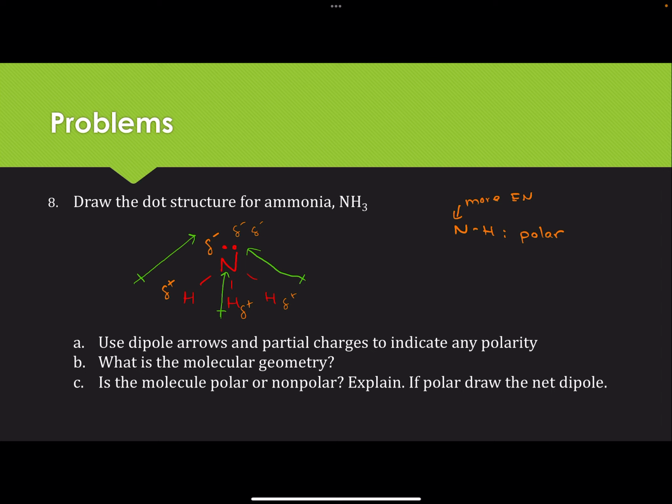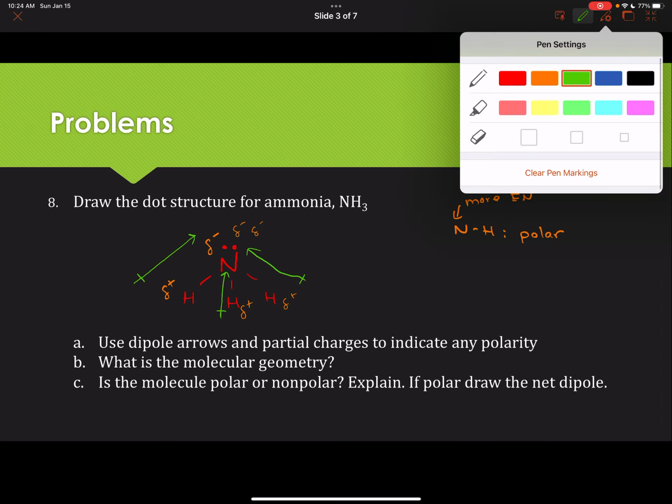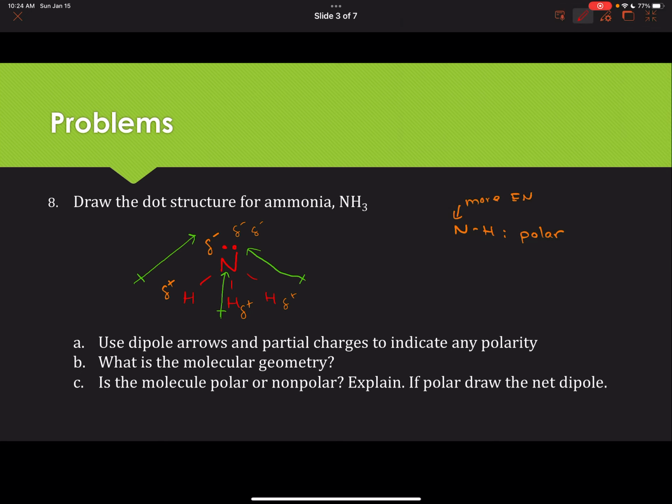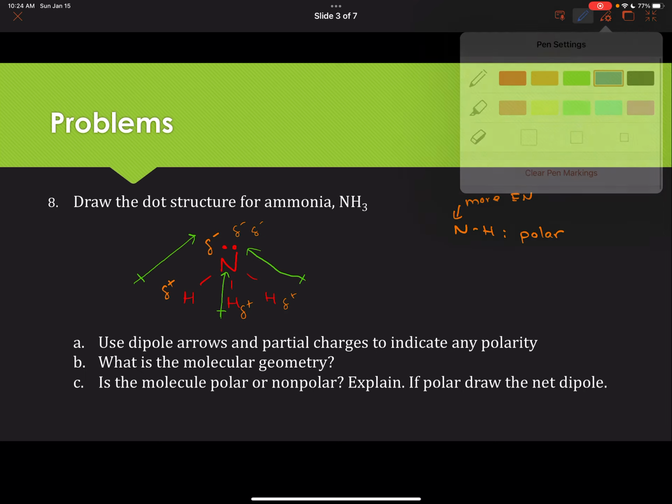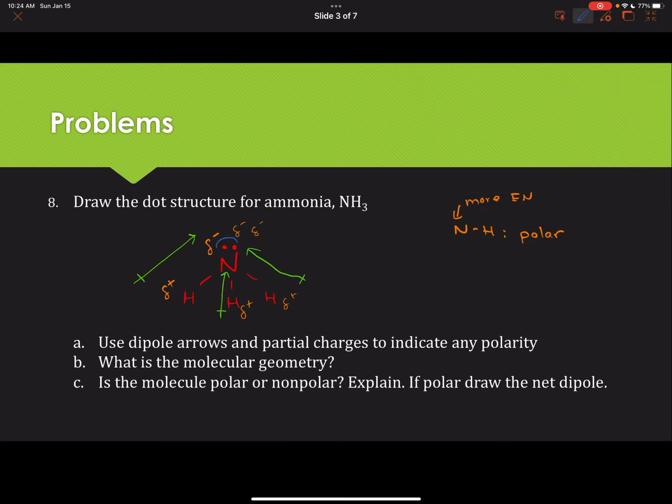Now next we're asked about the molecule geometry. So we got to go back to our valence shell electron pair repulsion theory back from first semester chemistry. If we look at this structure, we look at our center atom. I've got electron pair, electron pair, electron pair, electron pair.